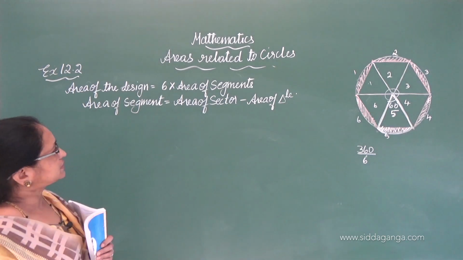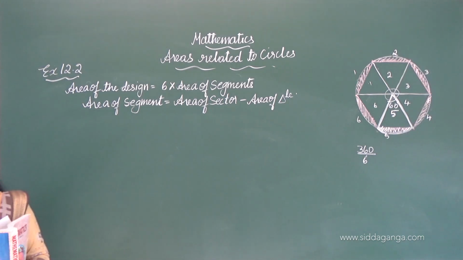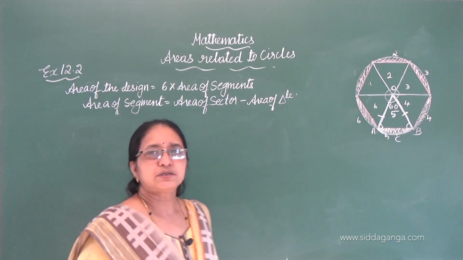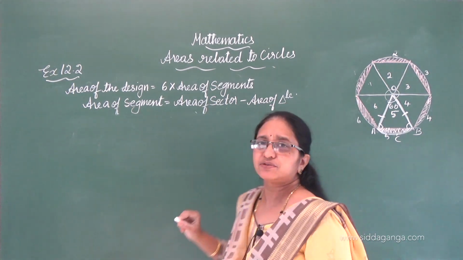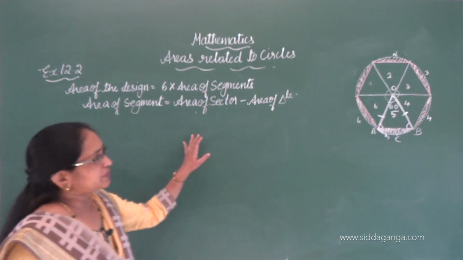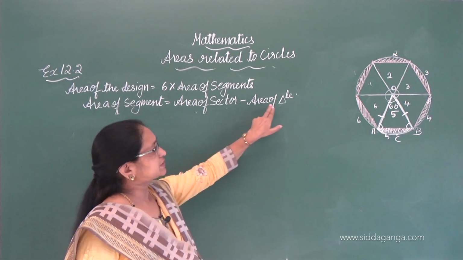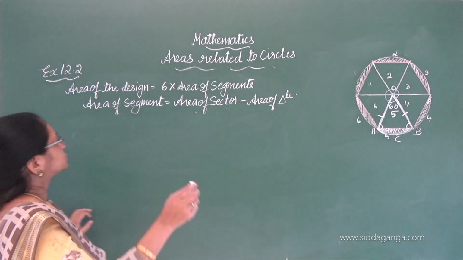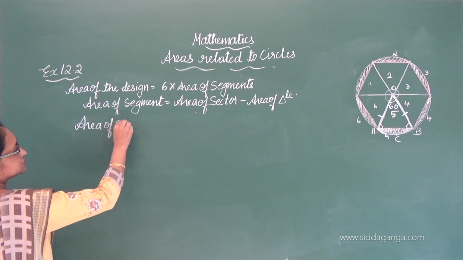Here the area of the segment is equal to the area of the sector minus the area of the triangle, isn't it? So when you want to find the area of the segment, we will do area of the sector minus area of the triangle. So let us find the area of the sector first.